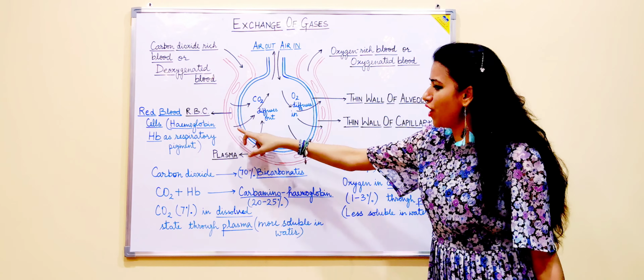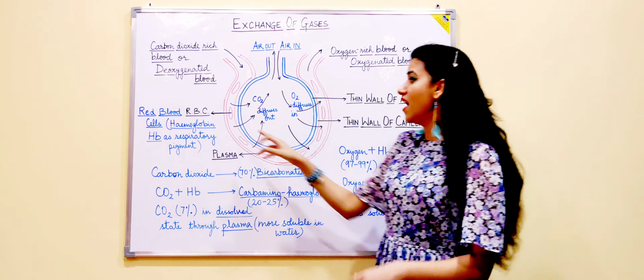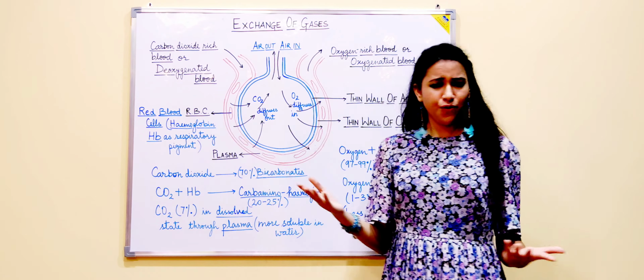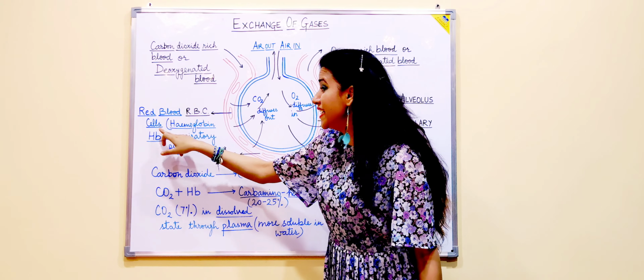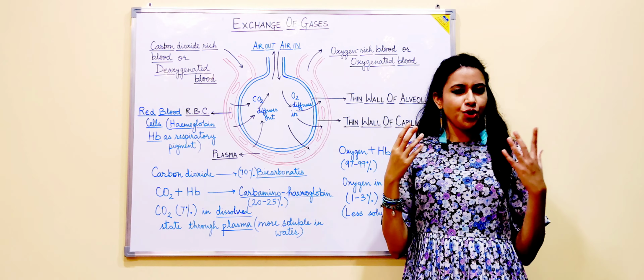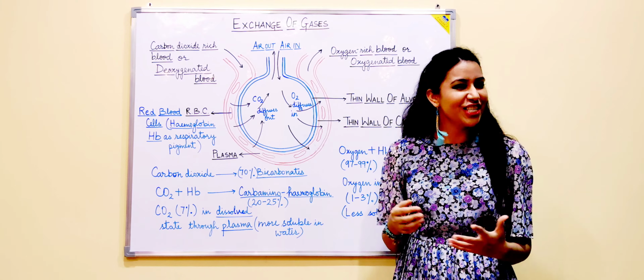Now these disc-like structures that I have made inside the capillary are RBCs. What are RBCs? RBCs stand for red blood cells. What is so unique about RBCs that I have mentioned it in the topic exchange of gases?